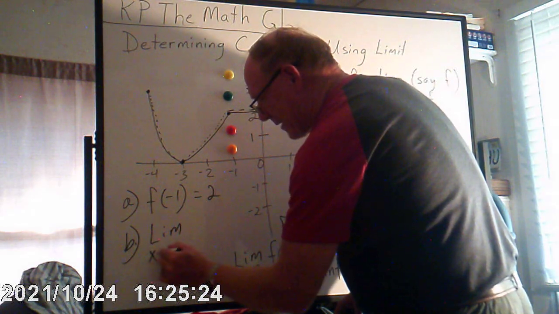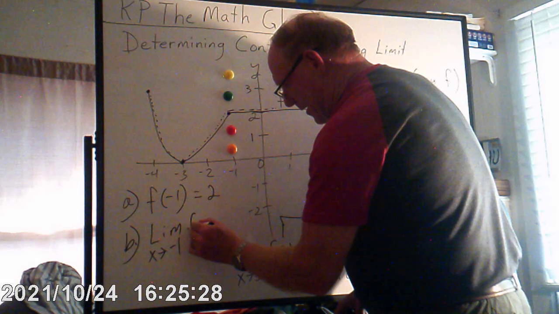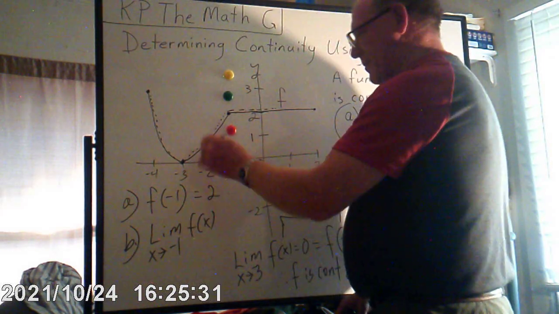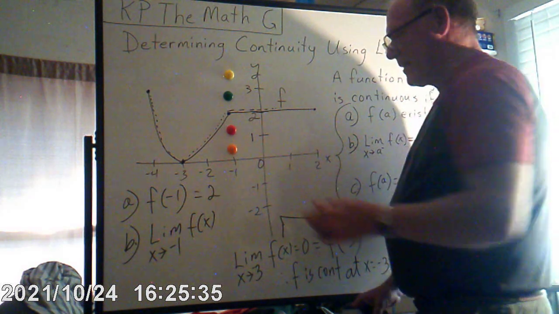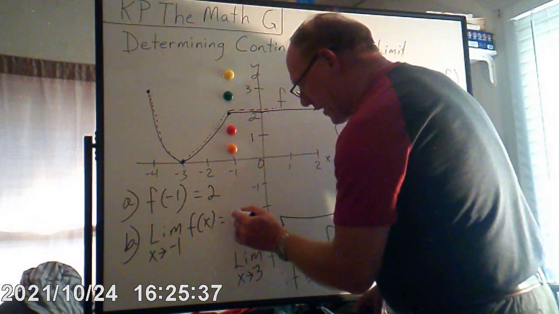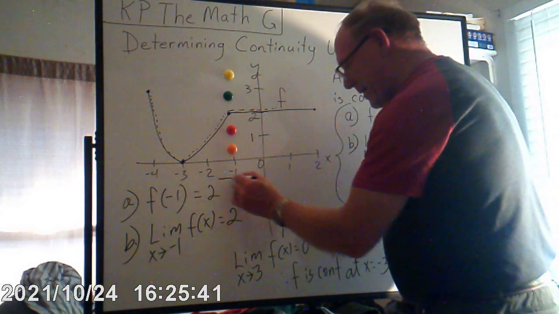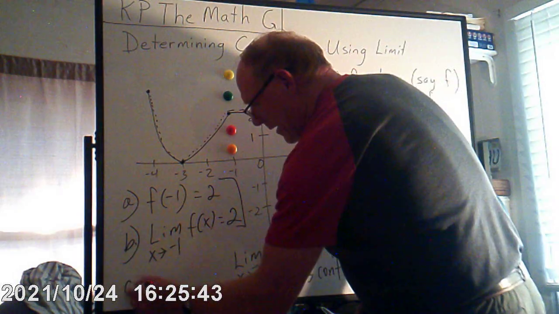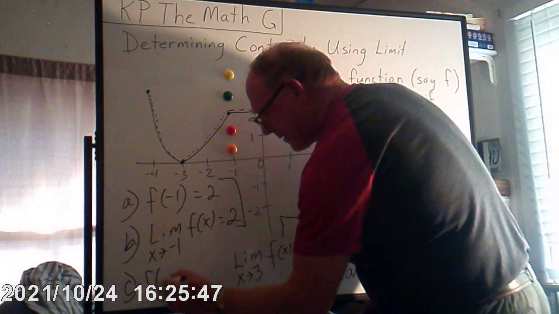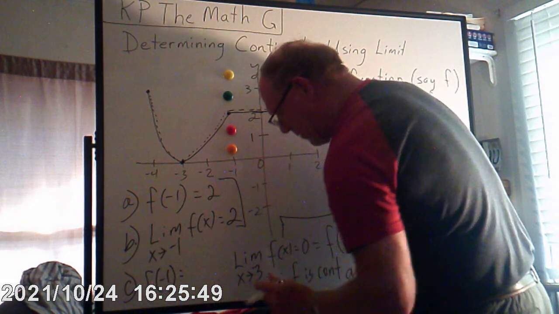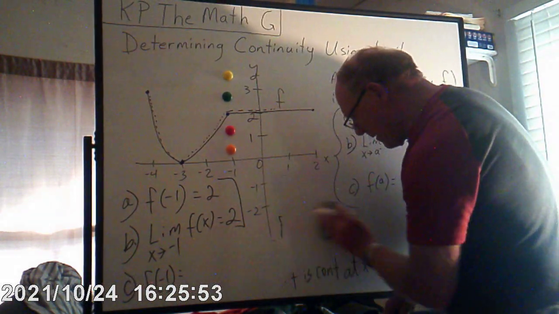So the limit as x approaches -1, f at x, I've already just verbally visualized that it is from the left and from the right 2. So the limit does exist. These two are the same. Therefore, we see that f at negative 1 equals the limit. Erase this over here again.